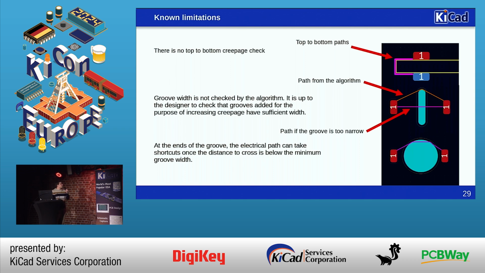Okay, the second limitation: I told you there's a minimum groove width, you cannot get away with a 0.1 millimeter groove. It has to be wide enough so conductive dust cannot just fill it and go straight across. At the moment the algorithm does not check this, so I think it's up to the designer to make sure that the grooves they use for this purpose have sufficient width.